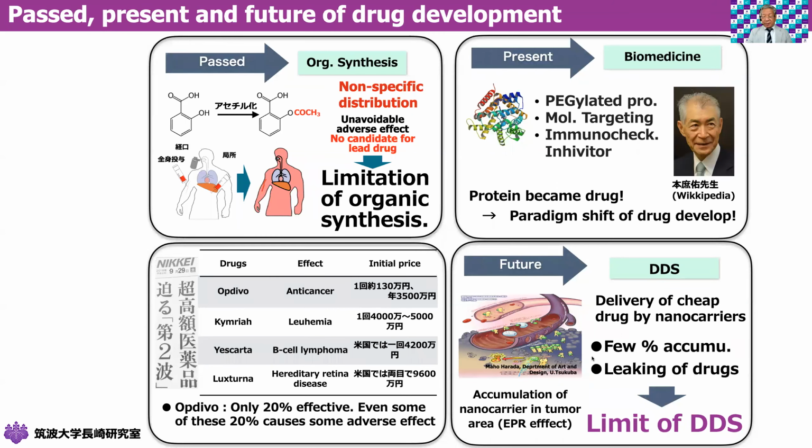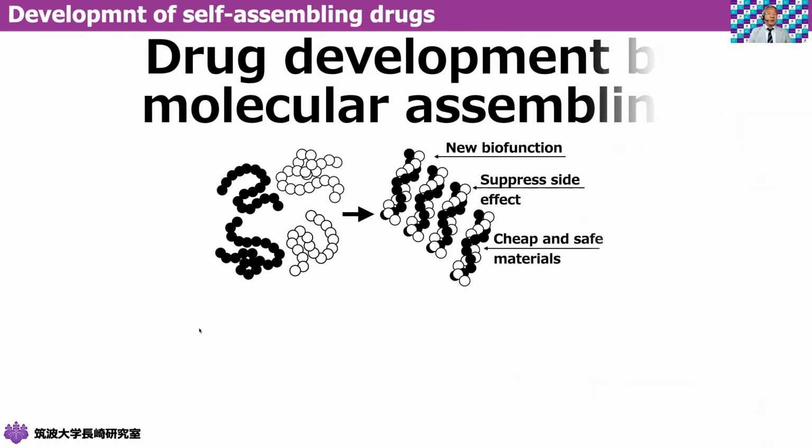In addition, recent clinical trials show leaking of drug is another problem, which means even after accumulation of a few percent of nanocarrier, it might be empty due to the leaking of drug during circulation, which causes a limit of drug delivery system. So we wanted to develop the self-assembled drug.